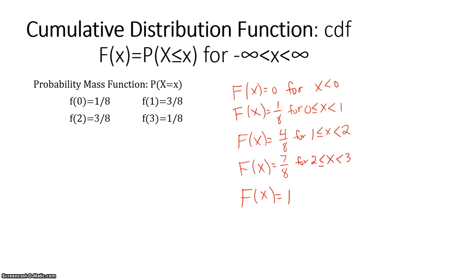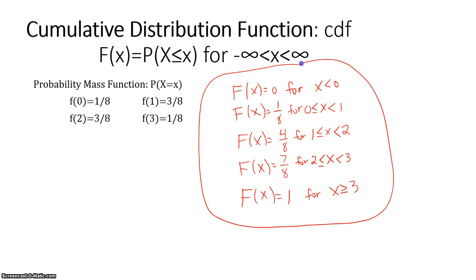It's going to stay the same for all values of x that are greater than or equal to 3. So this is our cumulative distribution function associated with this discrete distribution. That brings us to the end of our video.